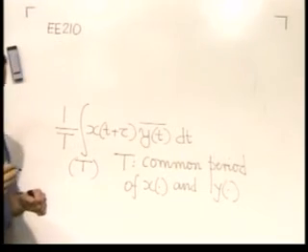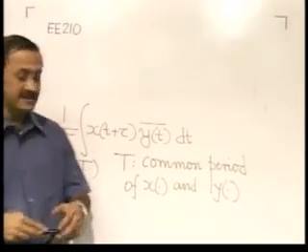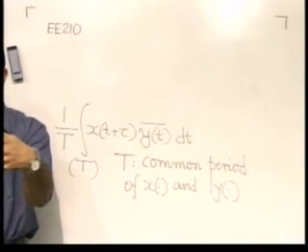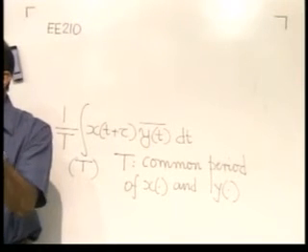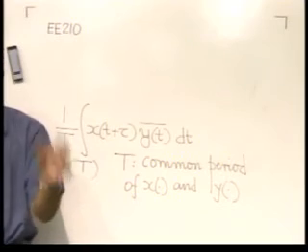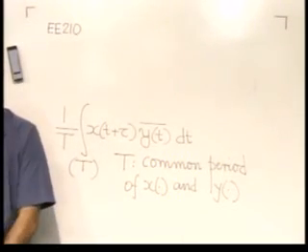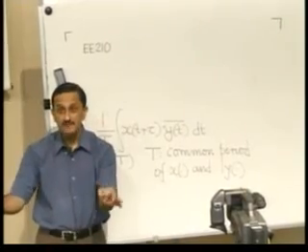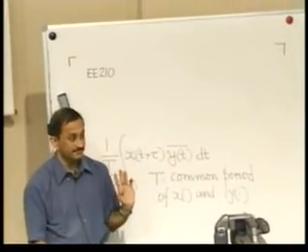Now, if both of them have a common period of t, then in the spectral domain, both of them have impulses located at multiples of 2 pi by t on the omega axis or 1 by t on the f axis. So you have impulses at points 1 by t, 2 by t, minus 1 by t, minus 2 by t and so on.